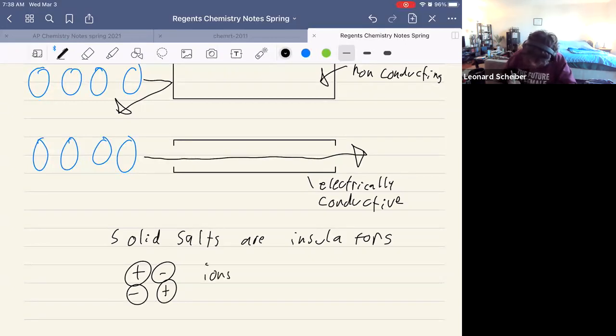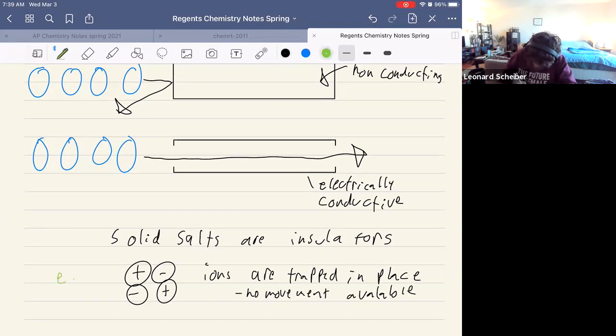The ions are trapped in place. They can't move. So if an electron were to try and go there, boop, bounce right back, right? Not electrically conductive.